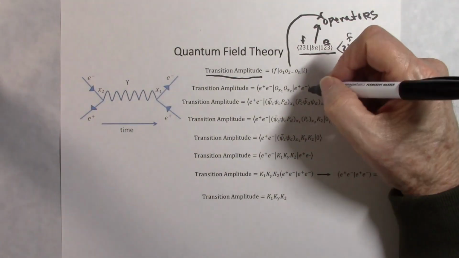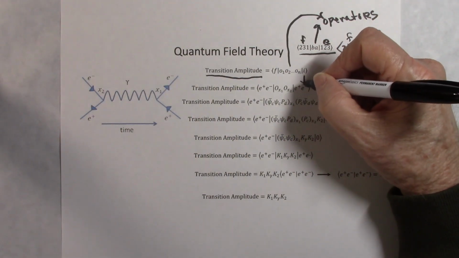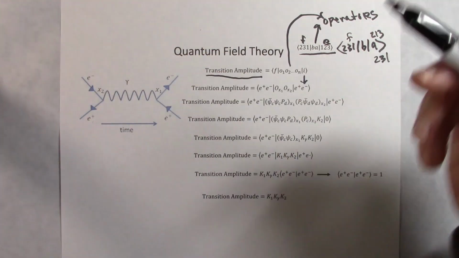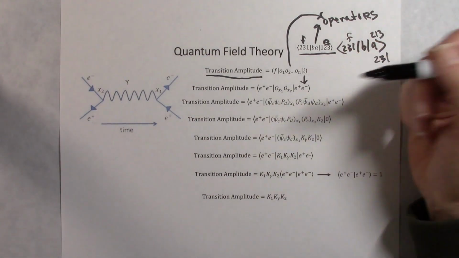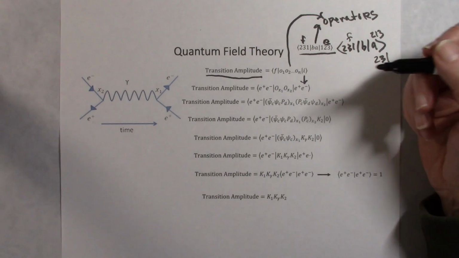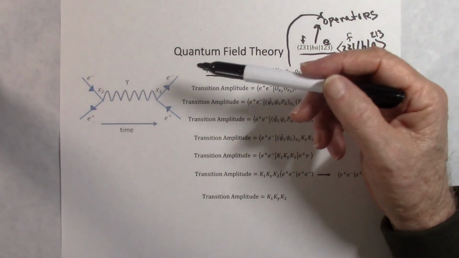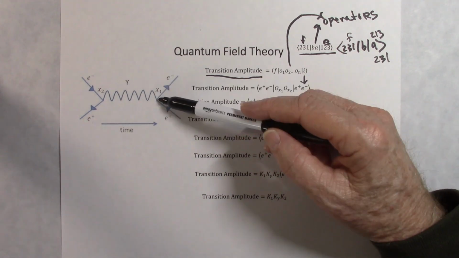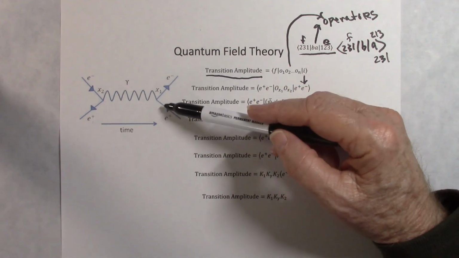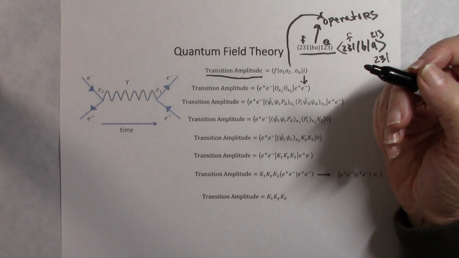In the initial state here, we have an electron and a positron. There will be 2 operators that operate on the electron and the positron, annihilate them, and then create a photon, which is a boson. At another position in space, they recreate the electron and the positron.